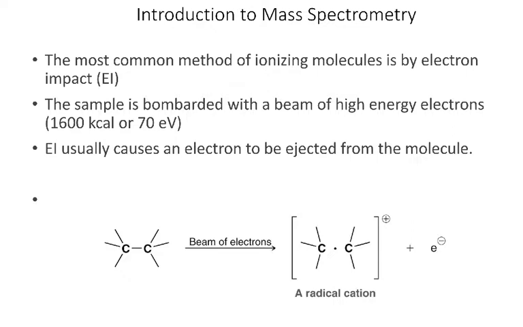So the most common way to ionize the molecules is by electron impact, since we have a high energy beam of electrons that we smash into our molecules. And usually that causes an electron to be ejected from the molecule. So we end up with a cation. And sometimes the cation stays together, and so we end up with a cation that essentially has the same mass as our parent molecule because the mass of an electron is negligible compared to the masses of nuclei.